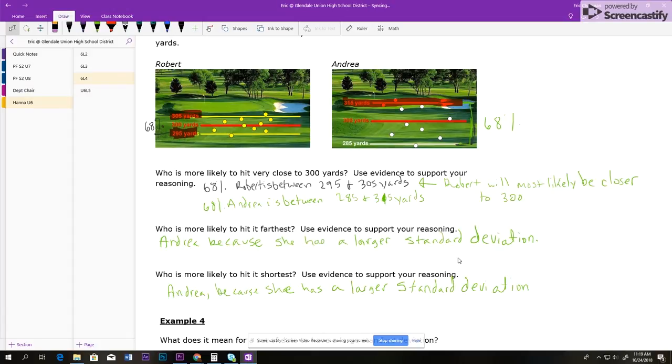And up here, who's more likely to hit close to 300? That's Robert, and Robert will most likely be closer to 300 because he has a smaller standard deviation.